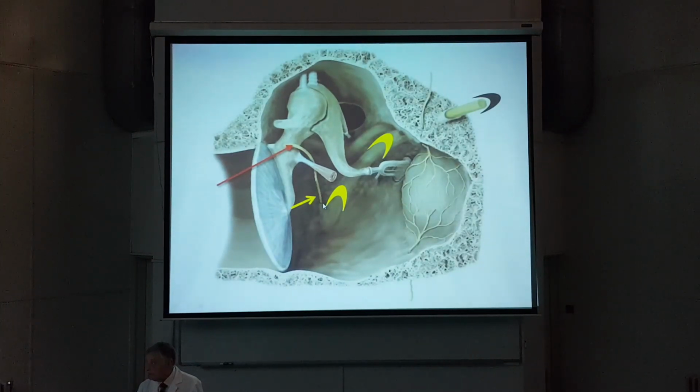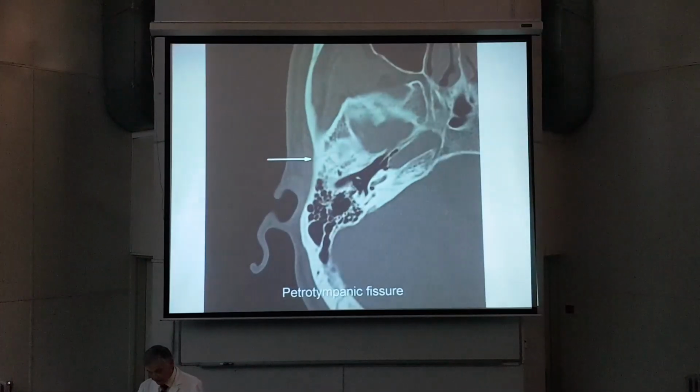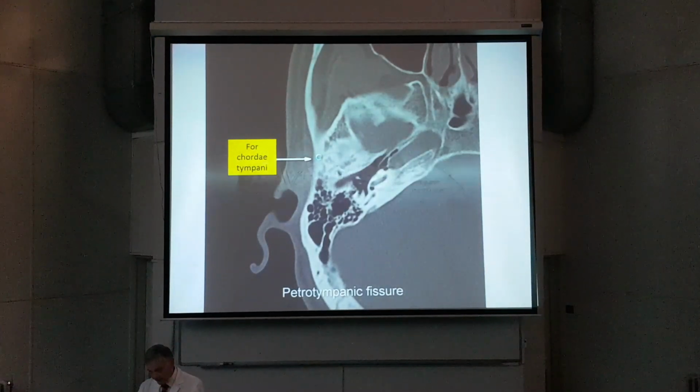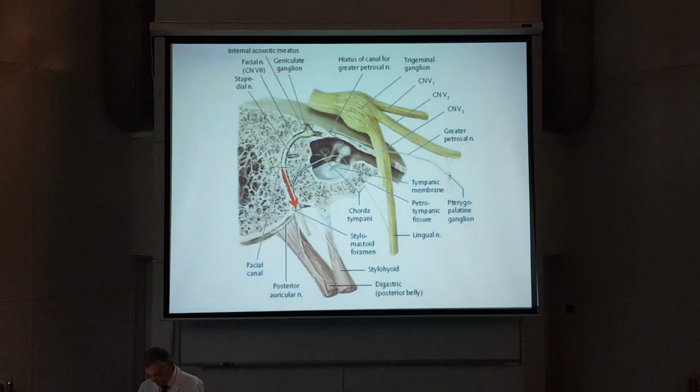And at this point, chorda tympani is connected, passing in the middle ear. The chorda tympani goes through a special canal. As the facial nerve is passing into its mastoid part, it gives the chorda tympani, and the chorda tympani passes through the middle ear, and it goes to the lingual nerve.